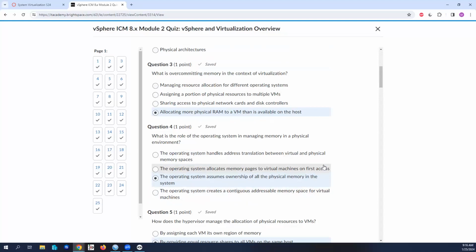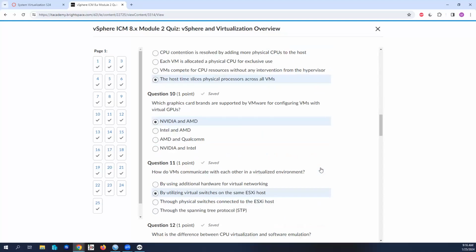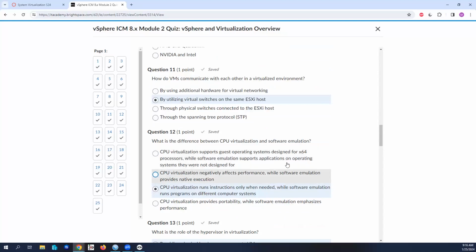I got 20. Which one did we miss? CPU virtualization and software emulation. It was Delton's answer. Delton was right. The 64-bit up here? Yep. That's what it says is the correct answer.